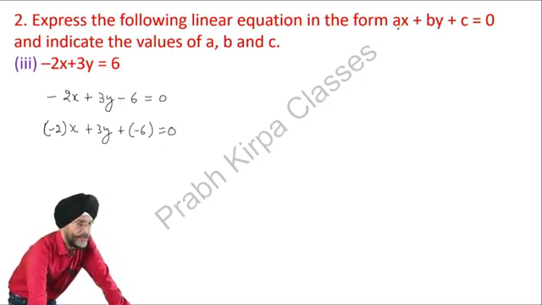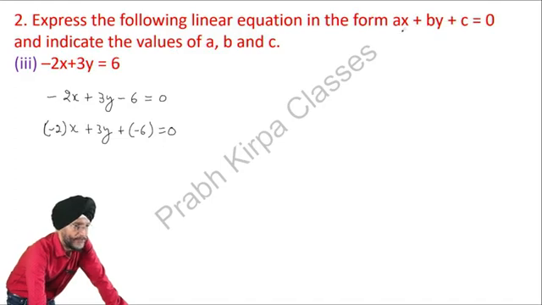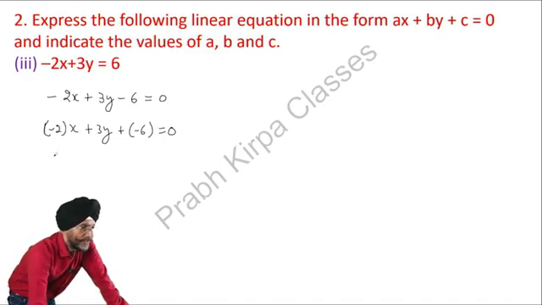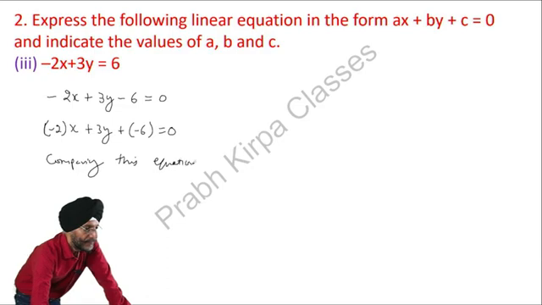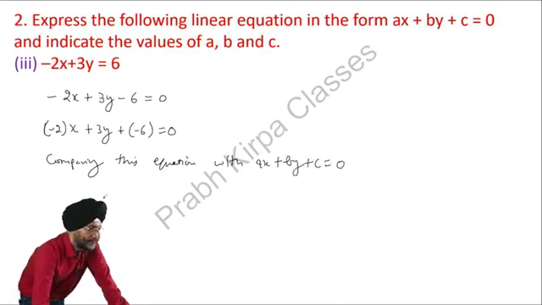So here we have formed this equation in the form of this one, because now we will compare this equation with ax plus by plus c is equal to 0.